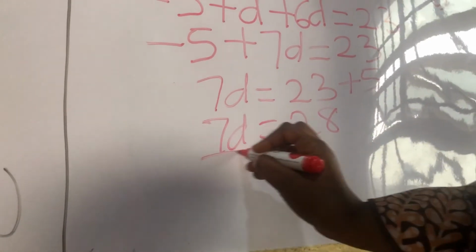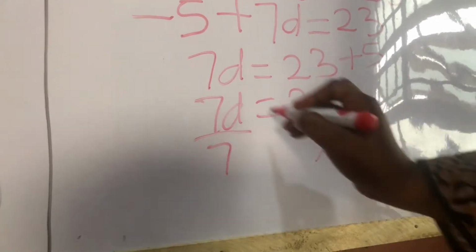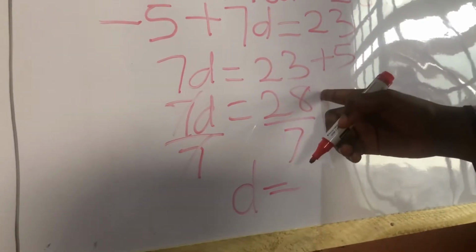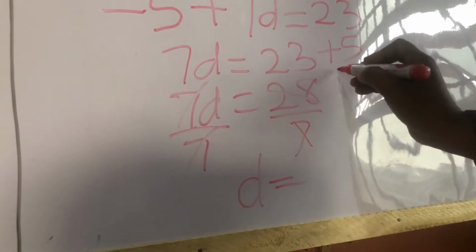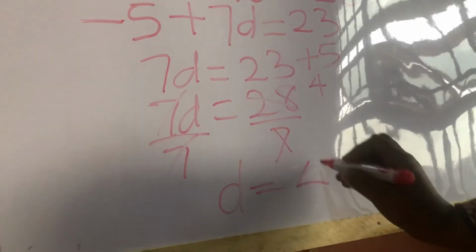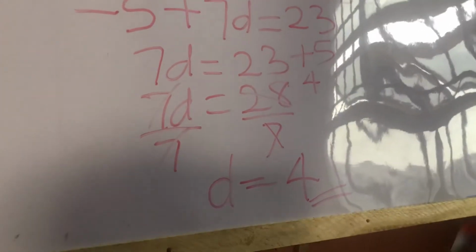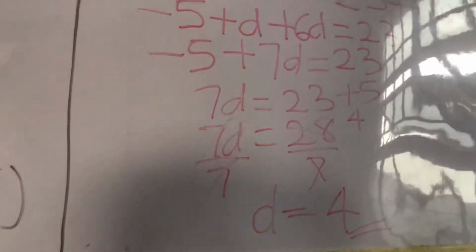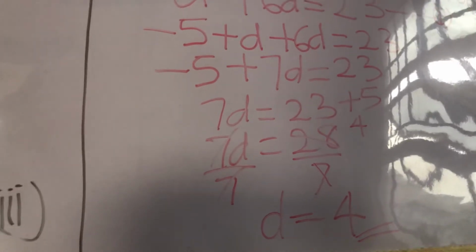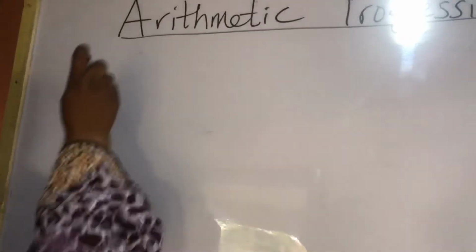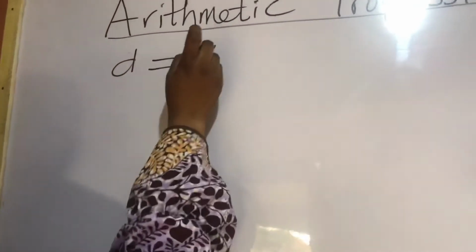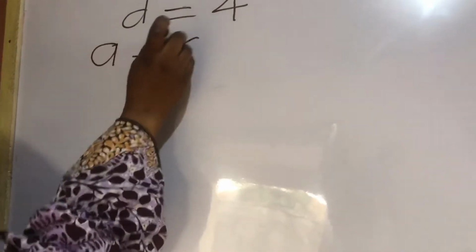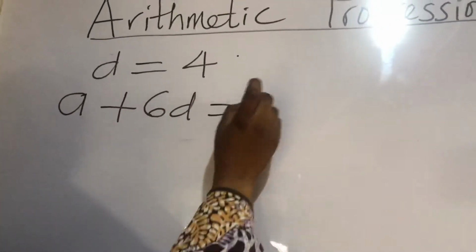Divide both sides by 7. This 7 cancels 7. How many 7s can we get in 28? That is 4. So D is equal to 4. We have gotten D, the common difference, to be equal to 4. Now we can easily find the value of A from equation 1, A plus 6D is equal to 23.